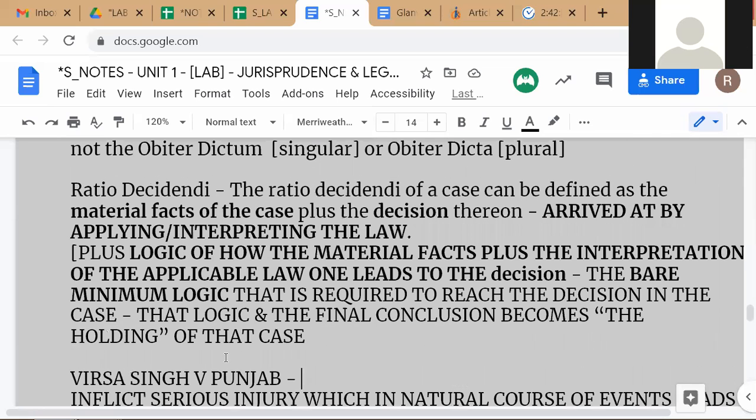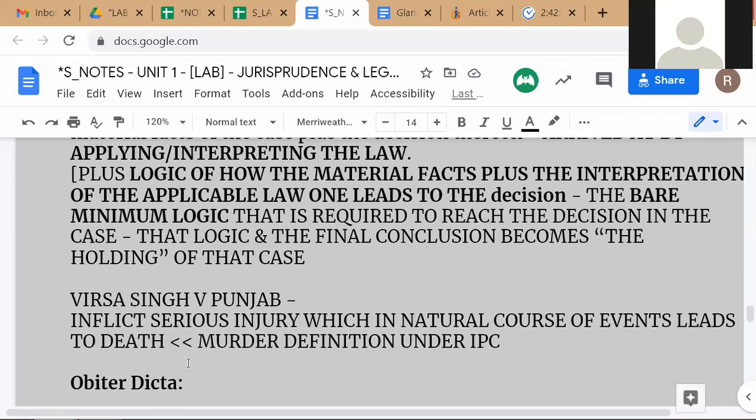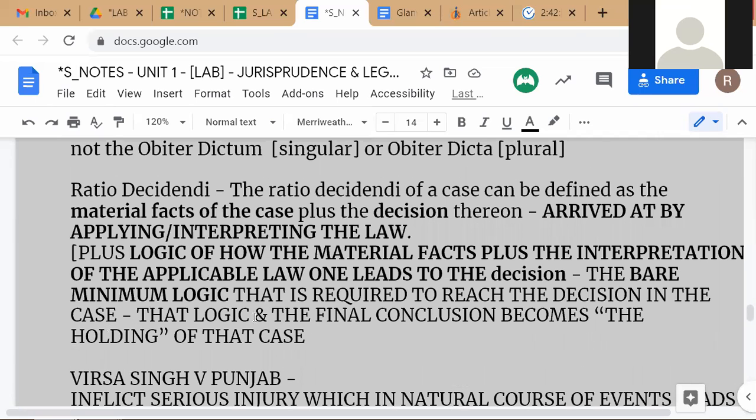So this is an example of a ratio decidendi of this case. What is the learning from this case? You can think of ratio decidendi as based on how the material facts of this case were taken, and how the judge applied and interpreted the law to the material facts and arrived at the decision.